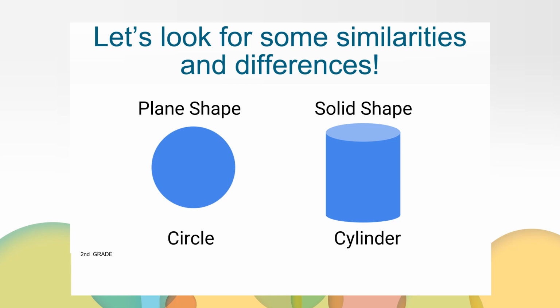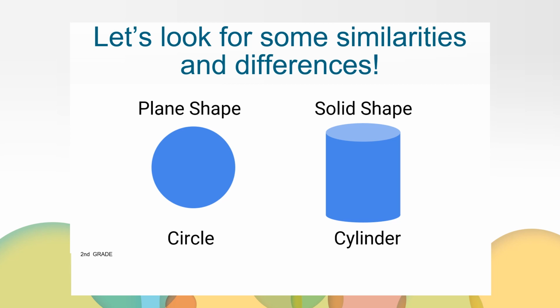In what ways are they alike? How are the two shapes similar? You can see circles in both shapes, and they both have curved lines.